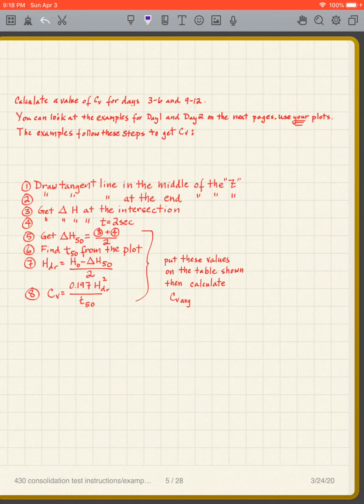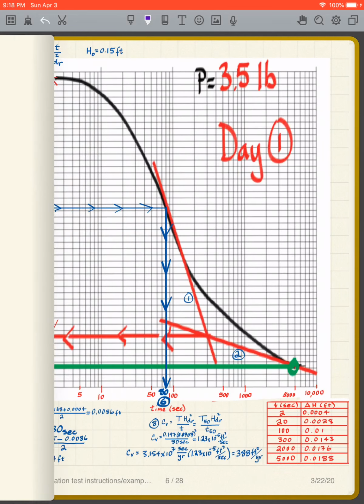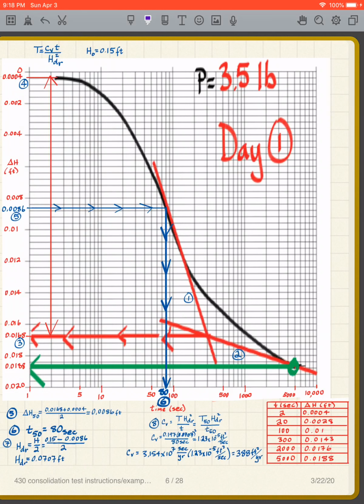Well, what does that mean? At delta H50, I'm going to get my delta H50, so it looks like this. When I do these steps, I'll show them one at a time here.